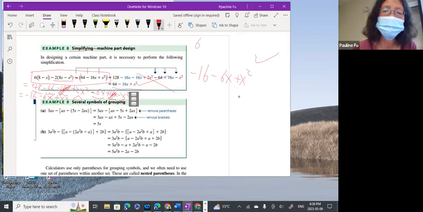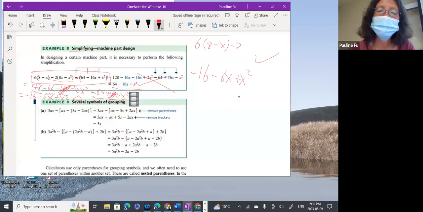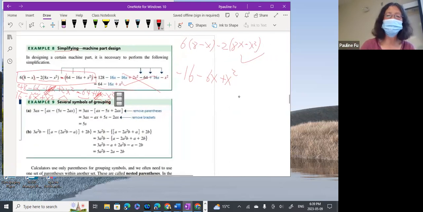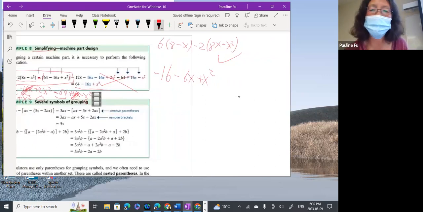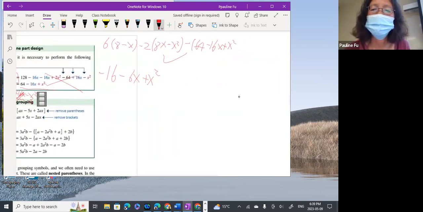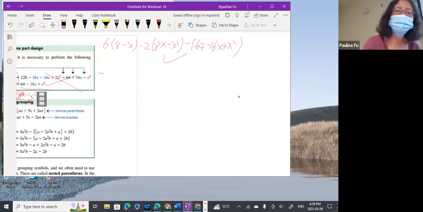Original question is 6 bracket 8 minus x. Thank you, Tyler, for your suggestion. Rewrite it because you cannot see clearly. You can get this PowerPoint slide from Brightspace. I will just recopy it. What we want is to simplify this one.